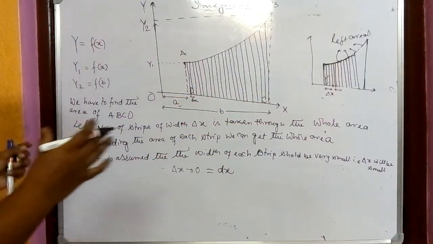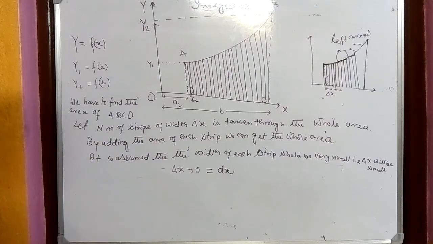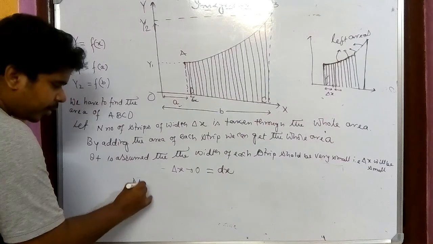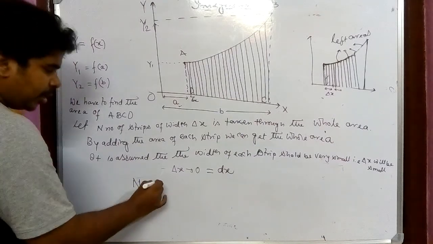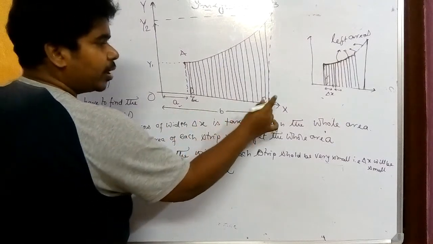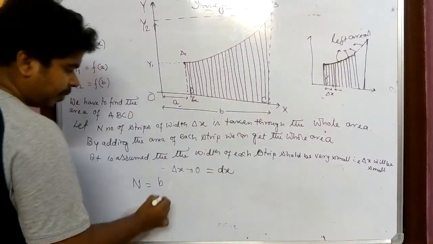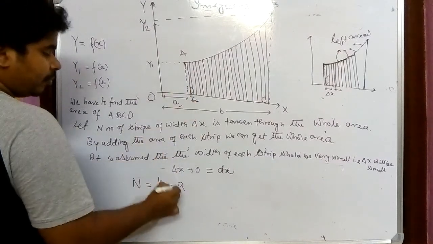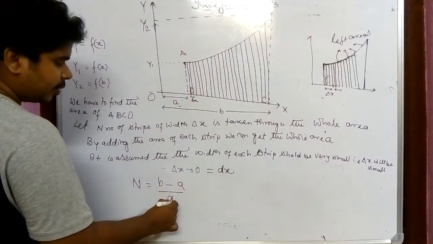So if there are n number of stripes, we can write that n equals b, this value from 0 to the point C, minus a, by dx.